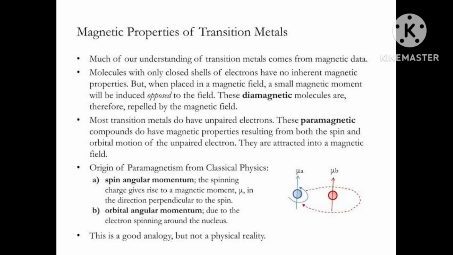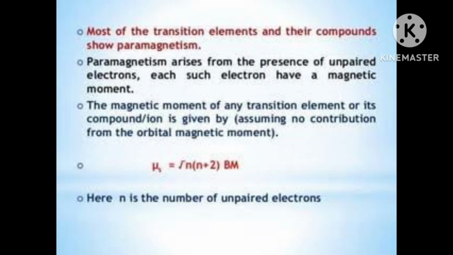Substances which are attracted very strongly are said to be ferromagnetic. In fact, ferromagnetism is an extreme form of paramagnetism. Many of the transition metal ions are paramagnetic, meaning they can be quickly magnetized.